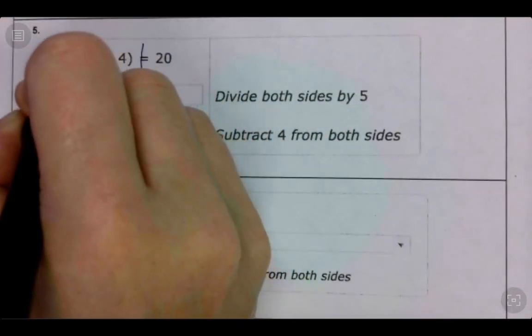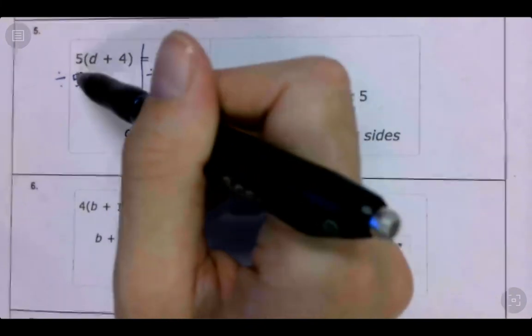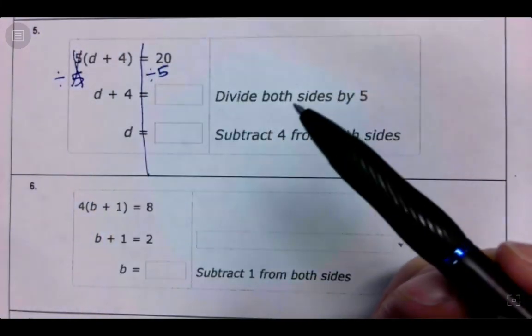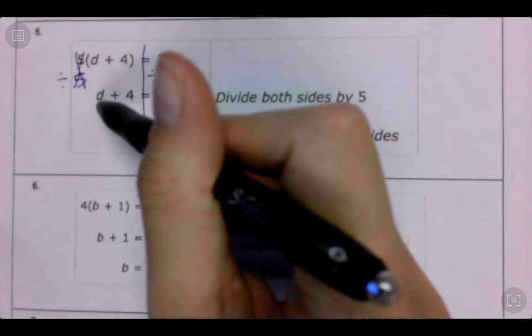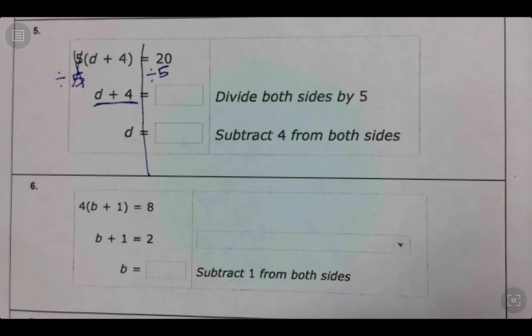So they're going to take this whole thing and divide it by 5. When that happens, you are doing 5 divided by 5, so that cancels out, leaving you with just what's in the parentheses. Since it's being multiplied by this, that is a legal move.